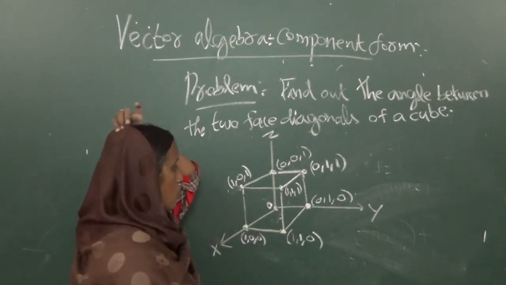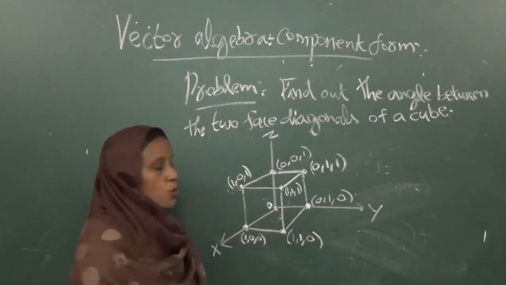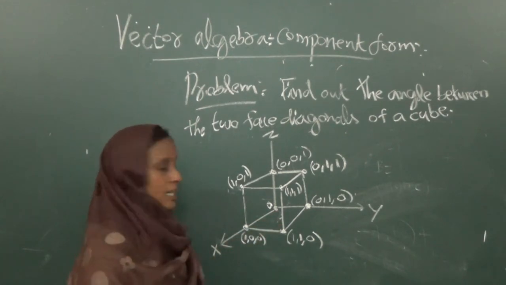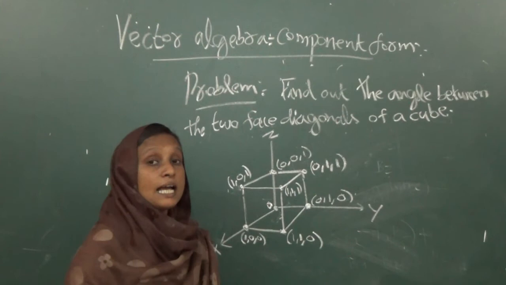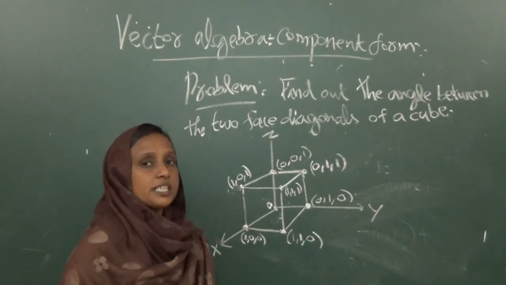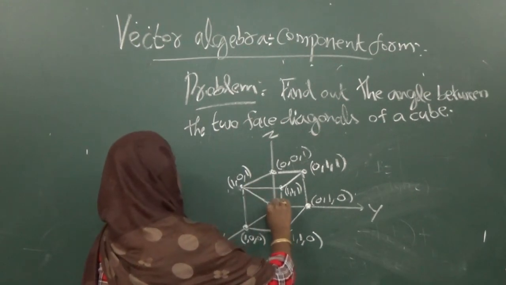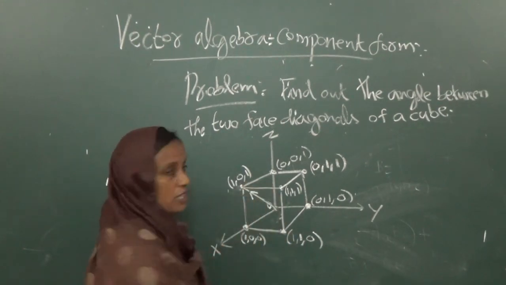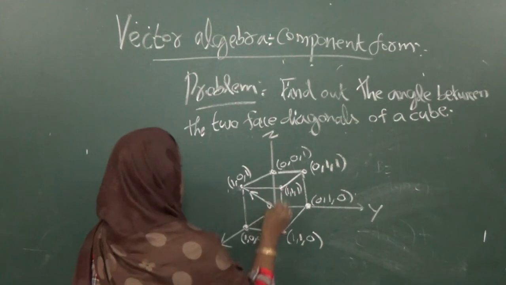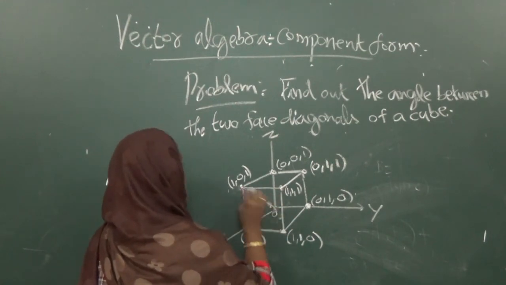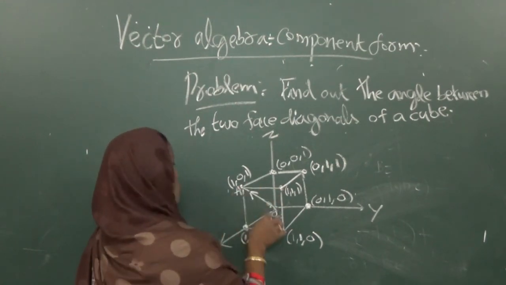For simplicity, we can draw here two face diagonals and find out the angle between them. Suppose this is one of the face diagonals. This is represented by O to A, OA.